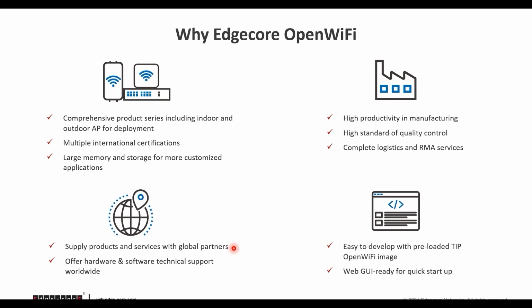We can do the first-line technical support or logistics support. And the last one is that with just a few steps, you can have the confidence to develop the application easily. We also optimize the web GUI setting with commercial grade to help the customer quick start up.